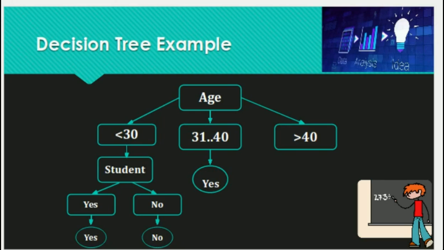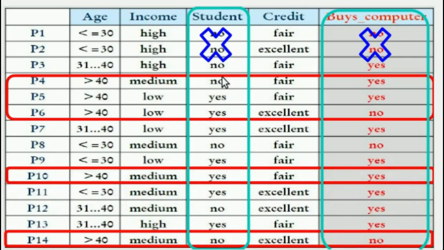Test on student produces decision node as no, which further reaches the leaf node and thus creates the class no. The customer is unlikely to buy a computer. So we omit these P1, P2 and P3 as we have seen just now that as per our decision tree they are unlikely to buy a computer.